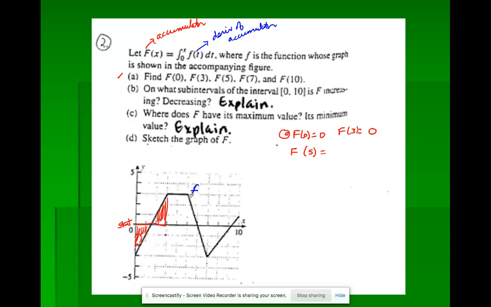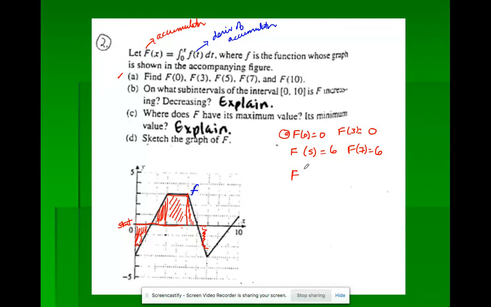I'm going to have 0, but I'm going to accumulate from 0 the area of this rectangle, which is just 2 by 3. F of 7 is going to take the 0 plus the 0 plus the 6 and give me this rectangle, triangle, and this triangle. Those are going to balance each other out, so I'm going to end up back at 6.